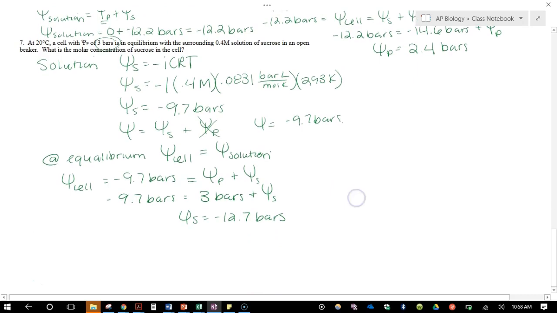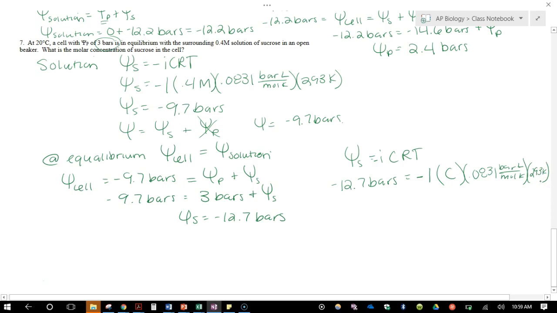So let's see if we can figure out what the molar concentration is now. We have our solute potential, so we can use this equation, negative I C R T. We know this should equal negative 12.7 bars. We're dealing with one ion, so negative 1, times C, which is what I'm trying to figure out, times 0.083 bar liter per mole kelvin, times 293.